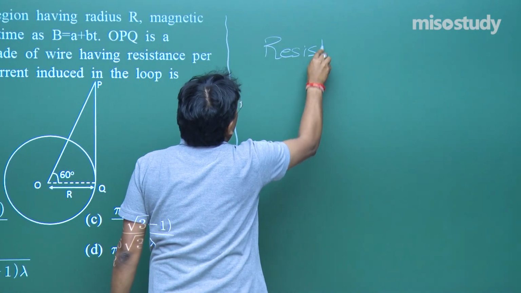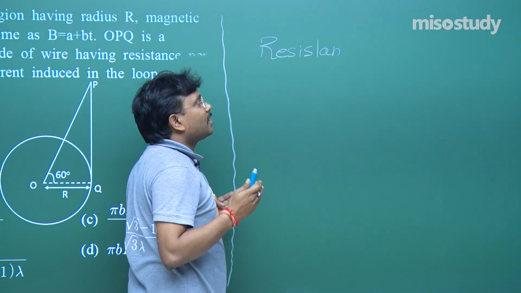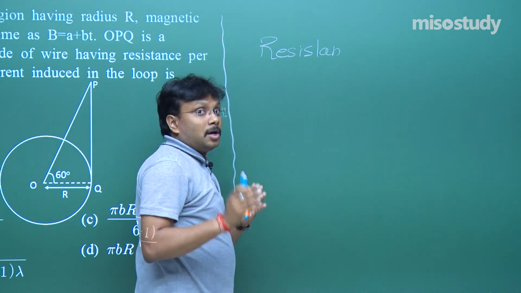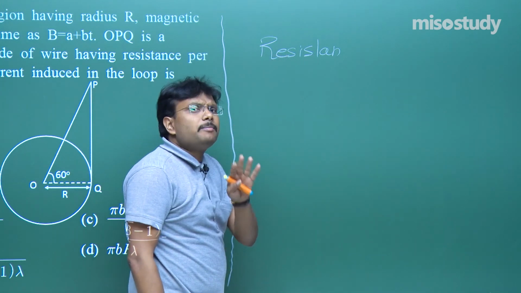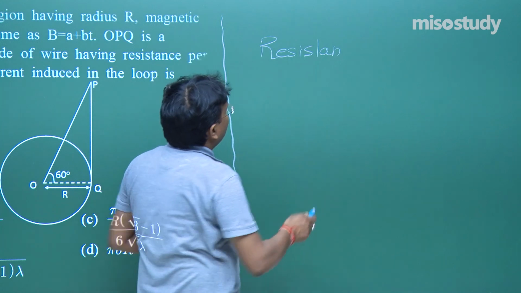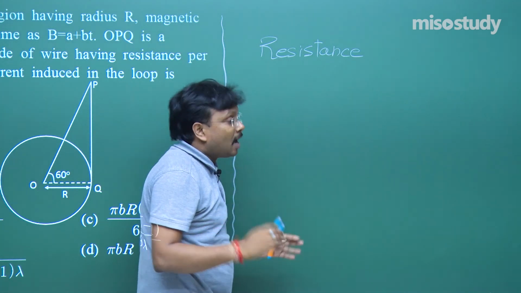Now resistance, what I am trying to do, I am making these explanations as simple as possible. In this particular question, whatever I mention using basic algebra, you will say, oh, no problem in that, fine. Now resistance of what?